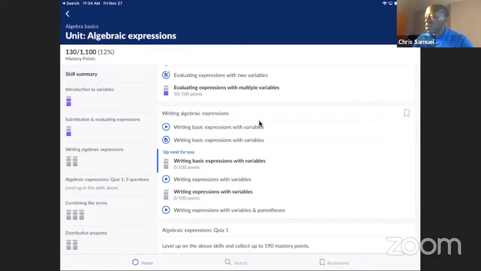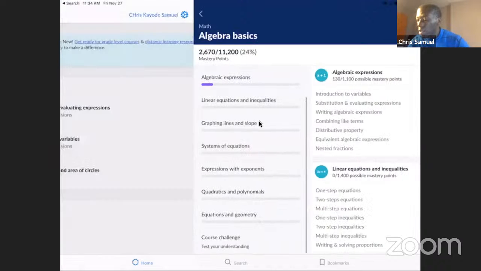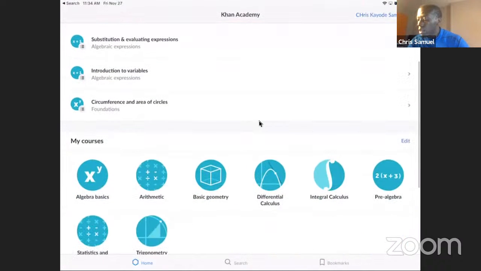I'm trying to get through all the algebra basics topics in a reasonable time, so I can move on to the other parts of mathematics, which after this would be either basic geometry or trigonometry.